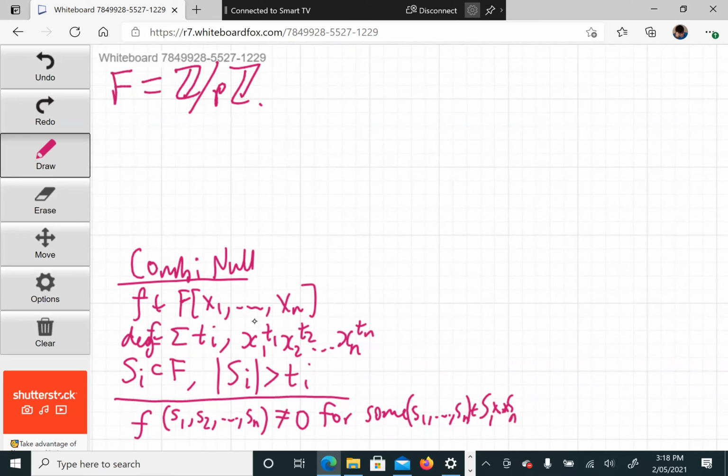And then you have these polynomials p_1 up to p_m, and they have n variables.